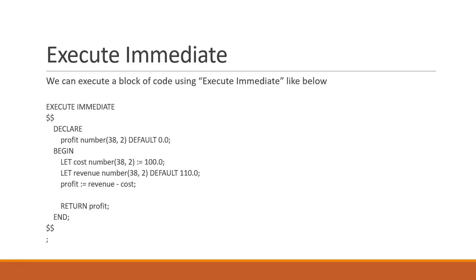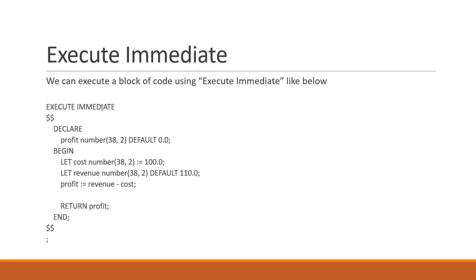Suppose I want to run or test some block of code. By using this execute immediate statement, we can run a single statement or multiple statements, and we can test it or run it. So we use this execute immediate statement to execute a block of code like this.